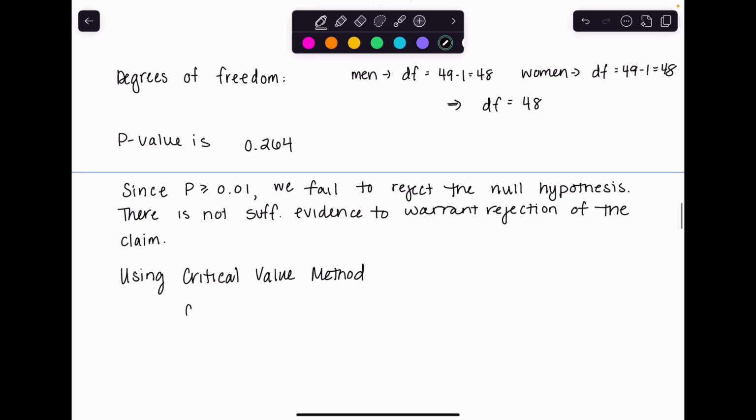So our degrees of freedom is still 48. Our significance level is 1%, and it's the area in two tails. And then our critical value is what we need to find.